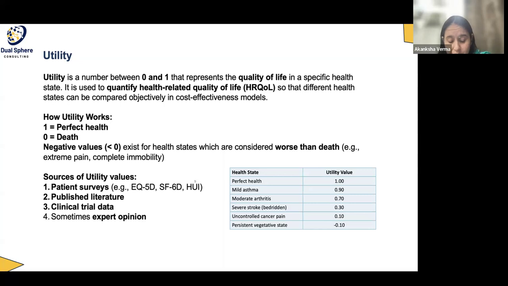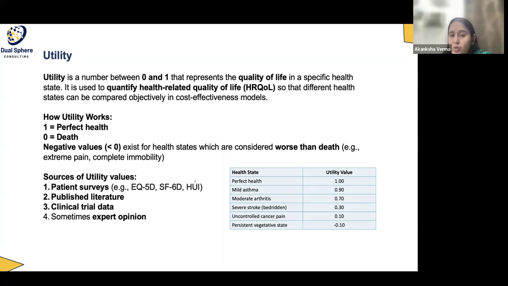If a patient has diabetes and you administer that EQ5D to him, whatever number comes out after his assessment, we can say that this diabetic patient has this much utility value. His quality of life is this much, based on that utility value.